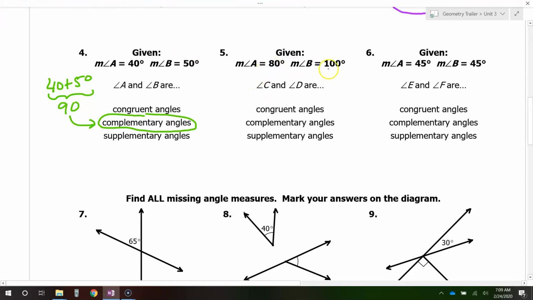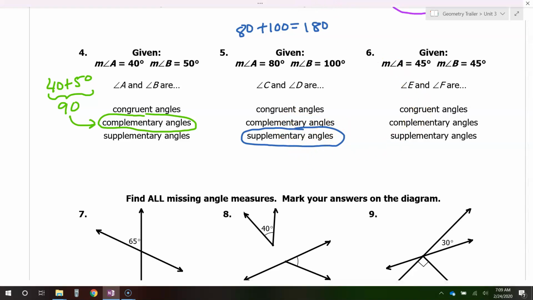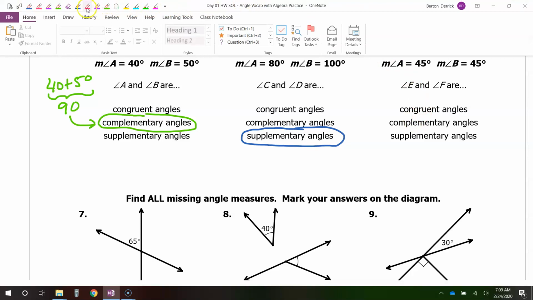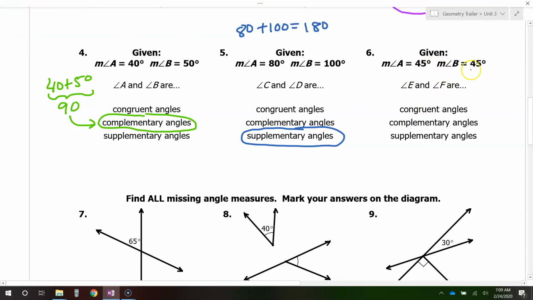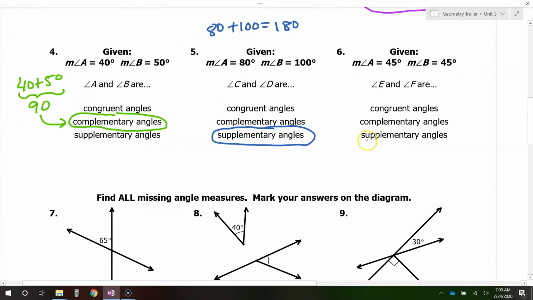Okay, so here we have 80 and 100. Okay, so obviously 80 plus 100 is 180. That makes these supplementary angles because they add up to 180. They're not congruent. They're not complementary. Okay, what about number 6? 45 and 45.